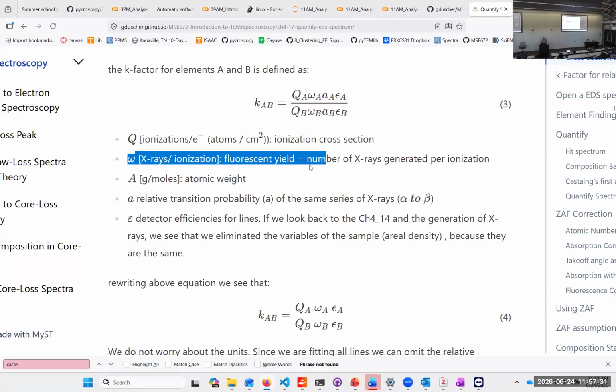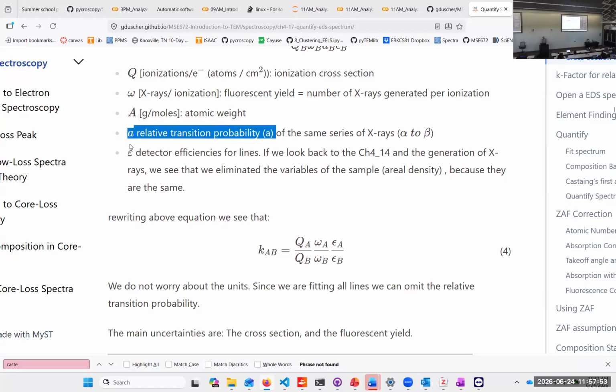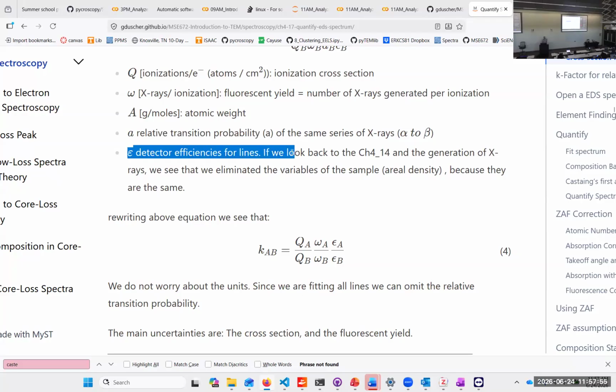So we don't know the fluorescent yield very accurately. Could probably be measured better. Atomic weight. So we don't know exactly the absorptions, but we do that iteratively anyway. Detector efficiencies and the relative transition probabilities are the key factors that change and are not really known that well.